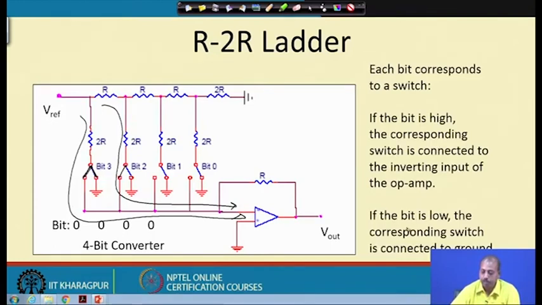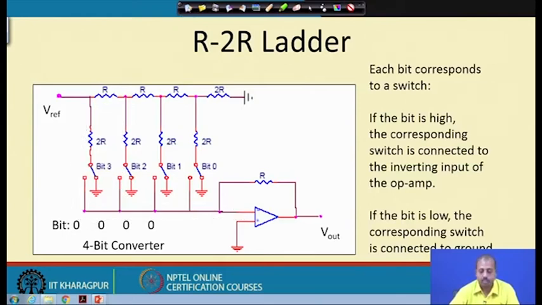If the bit is low, the switch is connected to the ground. So, this is the switch, and this way the connection is made.